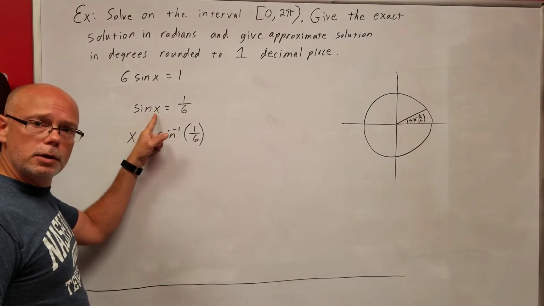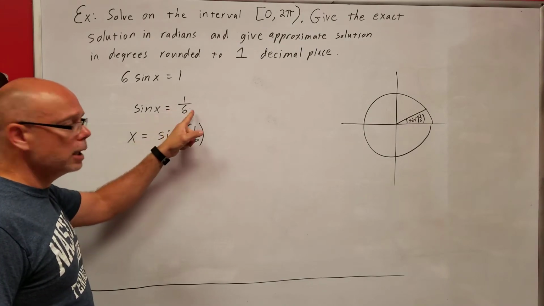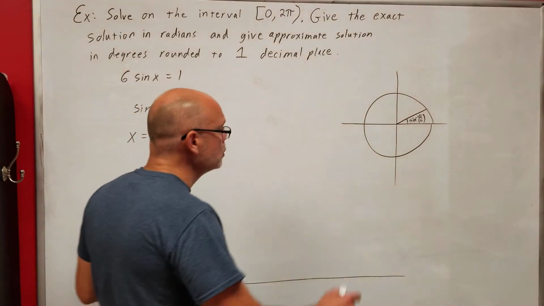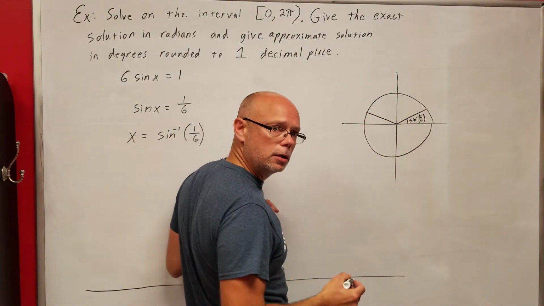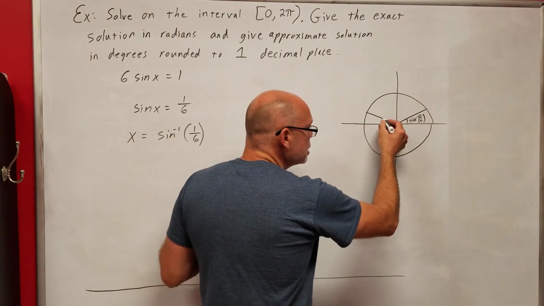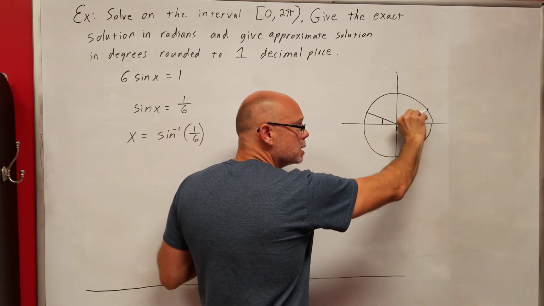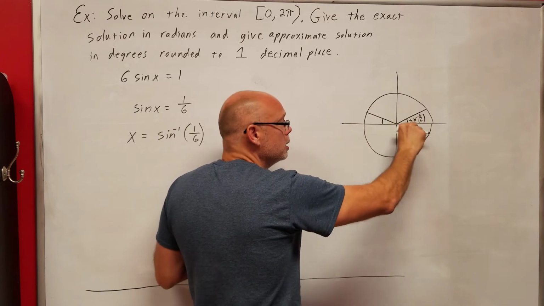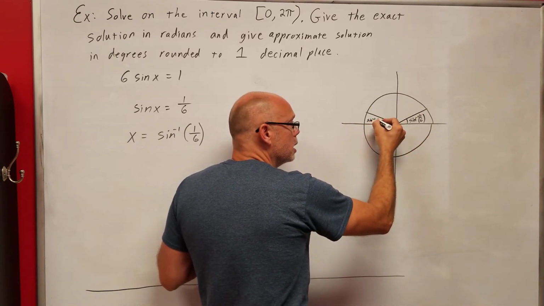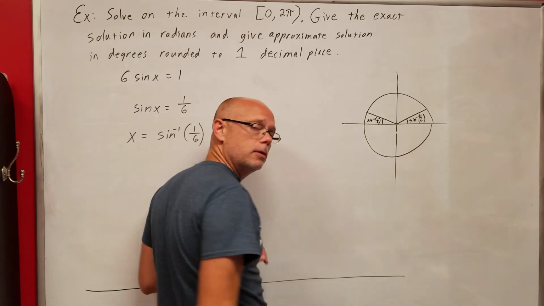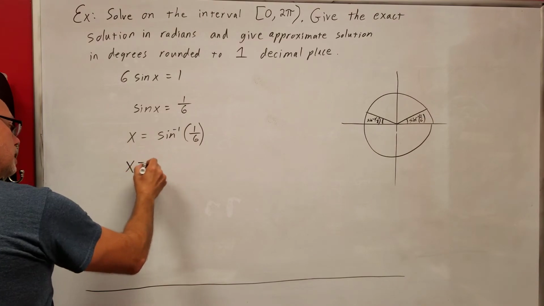Where else do I have an angle whose sine is positive? Well, that would be over here in quadrant number 2, right? And what is this reference angle? This reference angle is going to be the same displacement as this angle right here. So it's also going to be the inverse sine of 1/6 as a reference angle. So what's the second angle I get out of this?